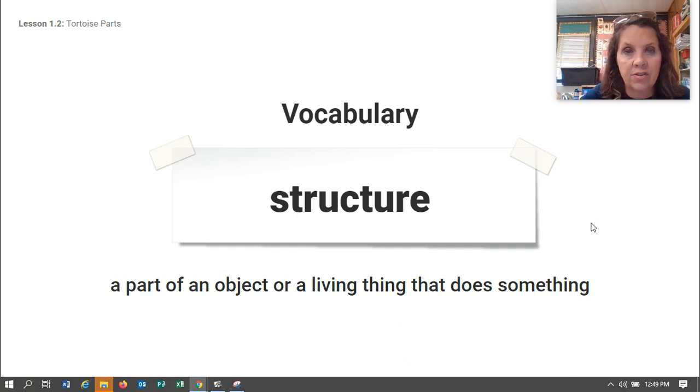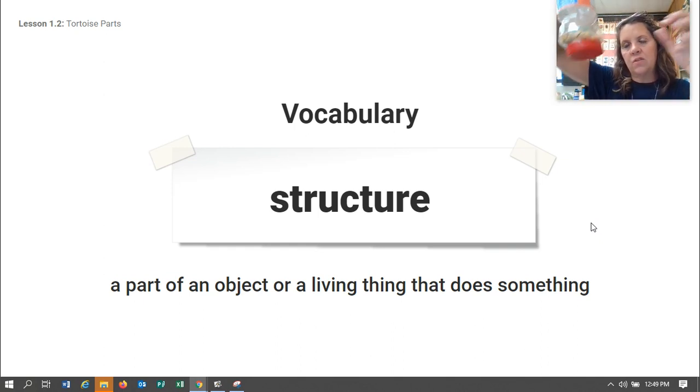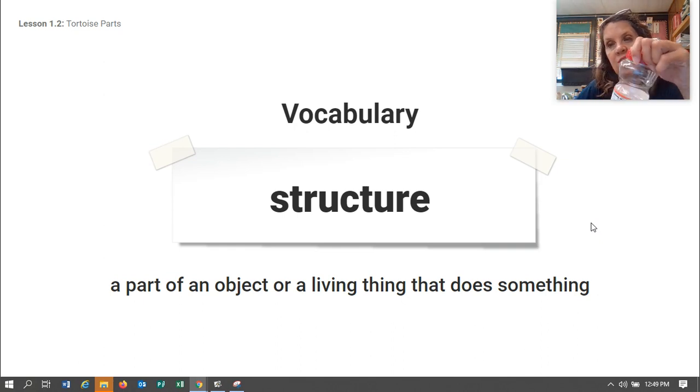Those are structures, okay? They are part of an object or a living thing. It doesn't have to be alive. For example, this jar of peanuts, part of its structure is a lid. What does the lid do? It screws on and stops the peanuts from falling out. So it has a job, the structure, okay?